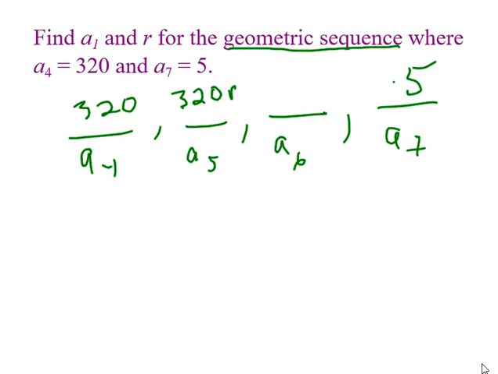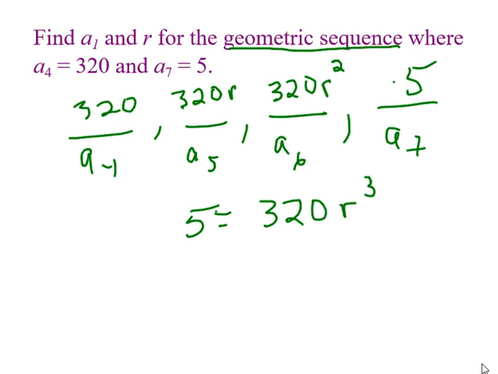And A6 is 320 times my common ratio again, so my common ratio squared. And 5 is 320 times my common ratio to the third power.